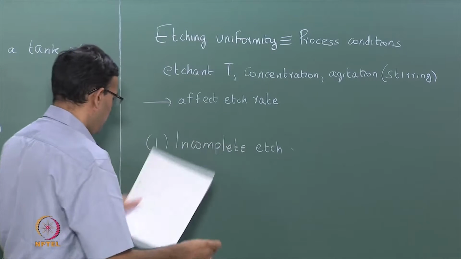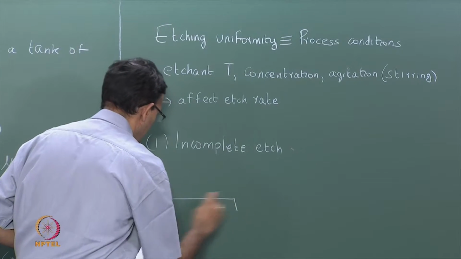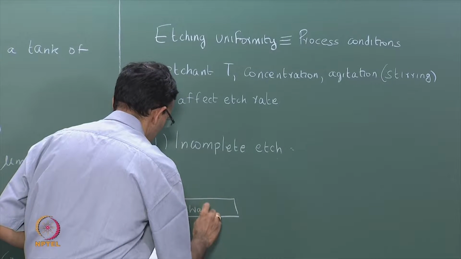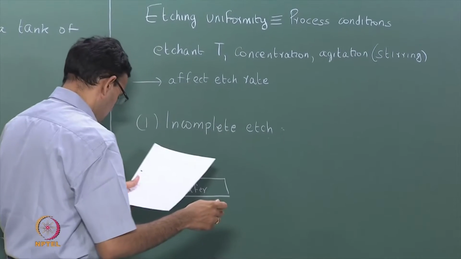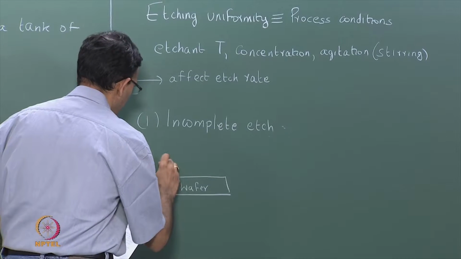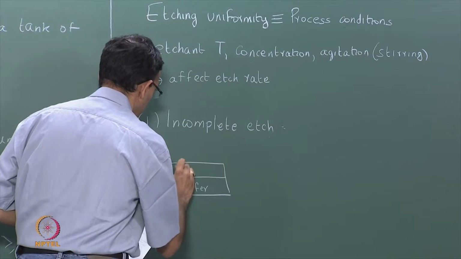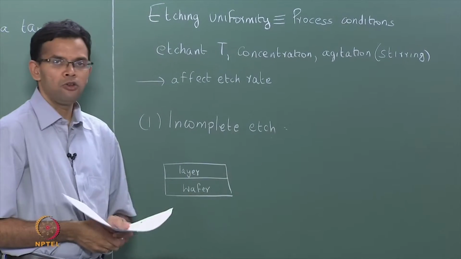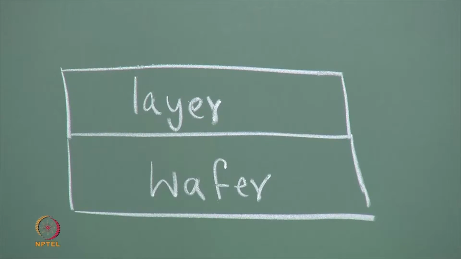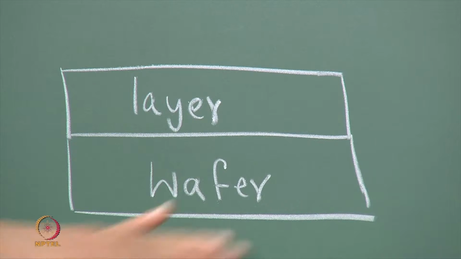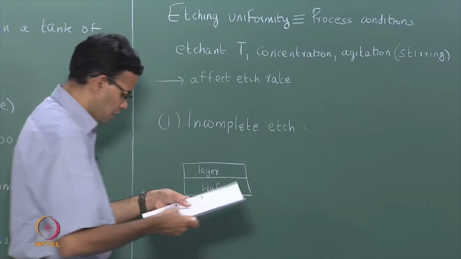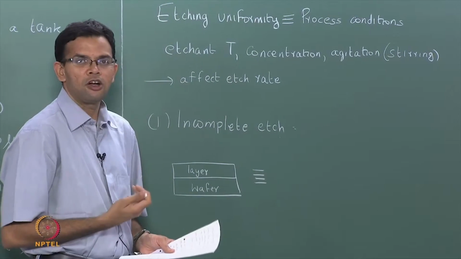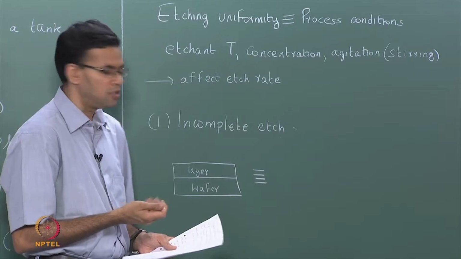To give you an example, consider a wafer with some layer on top. So we want to remove a certain portion of this layer in order to expose the underlying wafer. So we can do some sort of patterning. Let us say we do lithography using your standard photoresist.